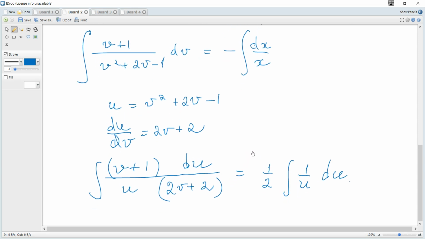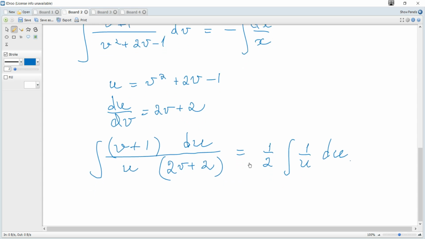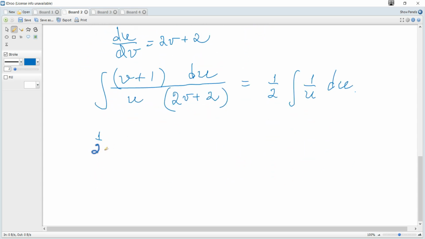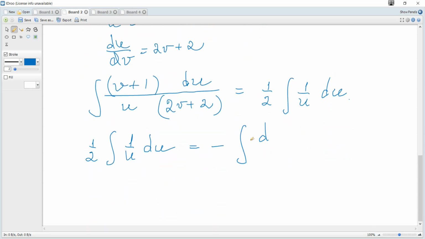Okay. So it becomes a half integral 1 over u du is equal to minus integral of 1 over x dx.